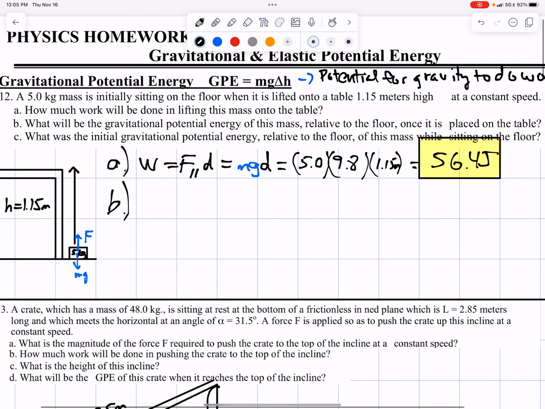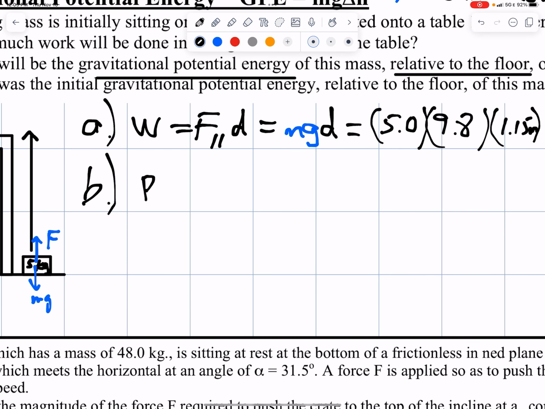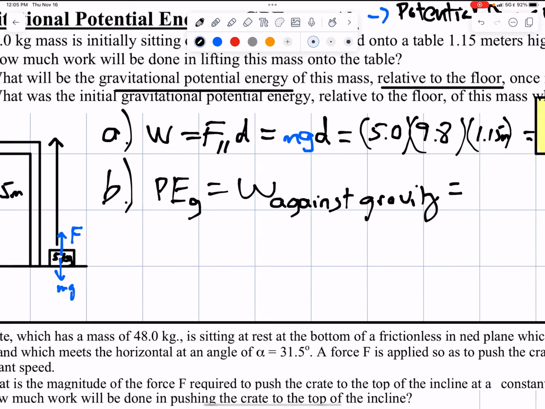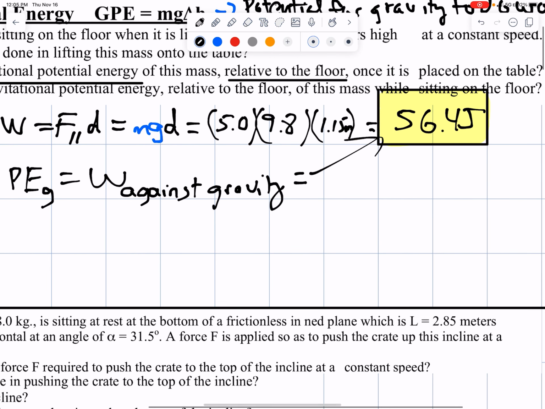Now, part B, it says, what will the gravitational potential energy be of this mass relative to the floor once put on the table? Well, what is gravitational potential energy? It's equal to the work you do against gravity, which, by the way, you already did, right?